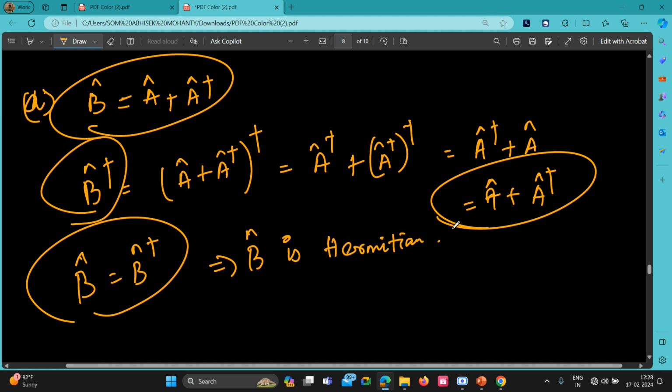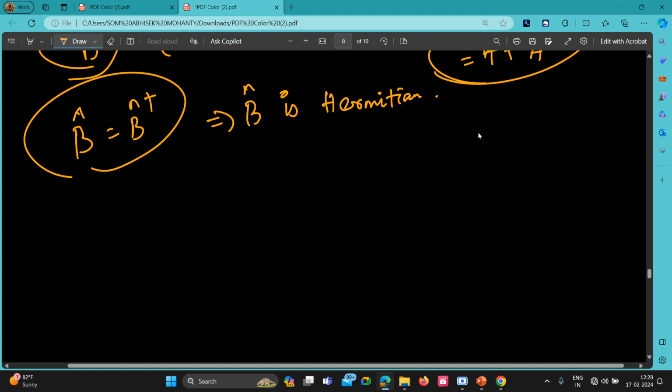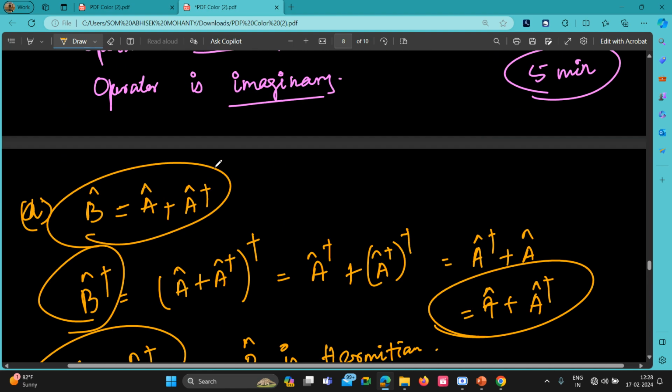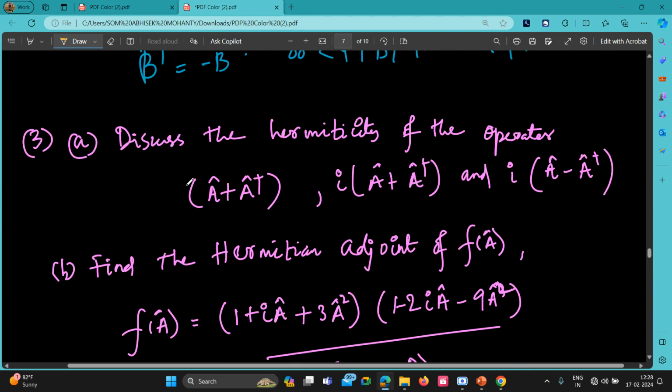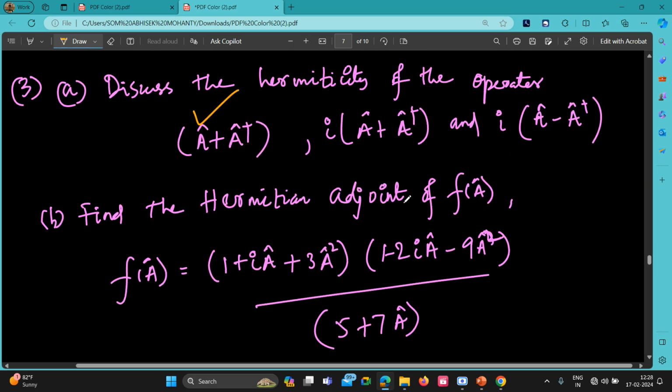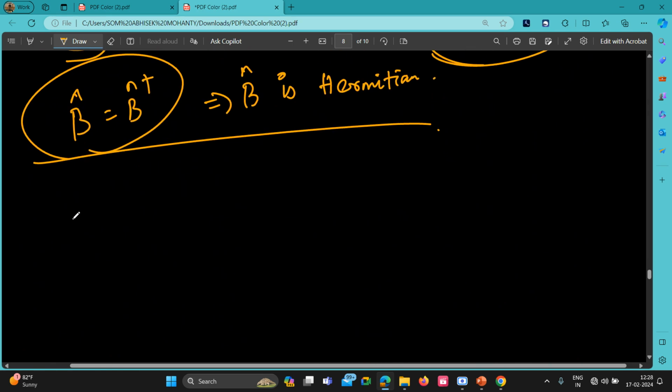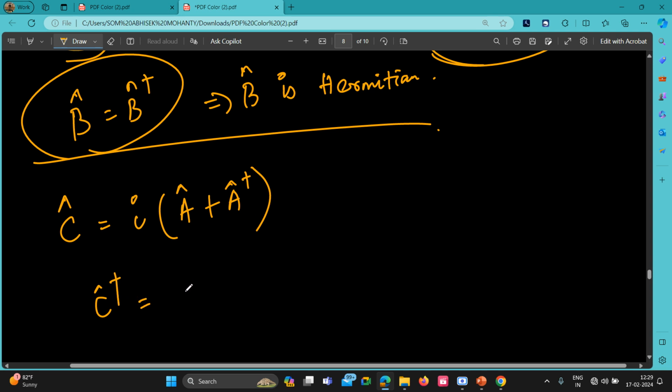What is the next operator in this section? i(A plus A dagger). For example, C is equal to i(A plus A dagger). C dagger will be how much? i(A plus A dagger) whole dagger.